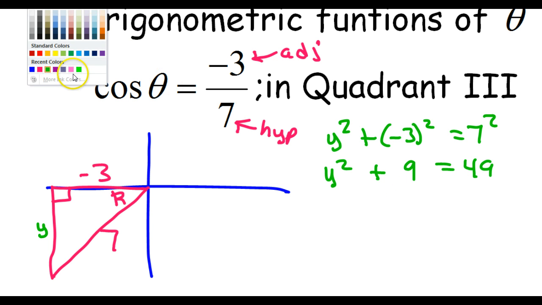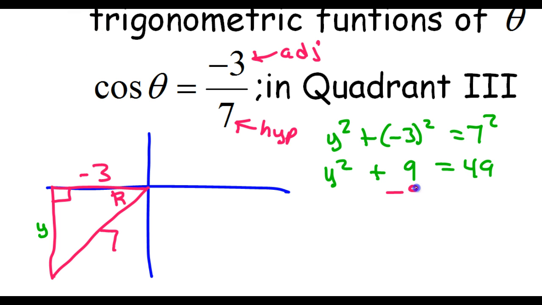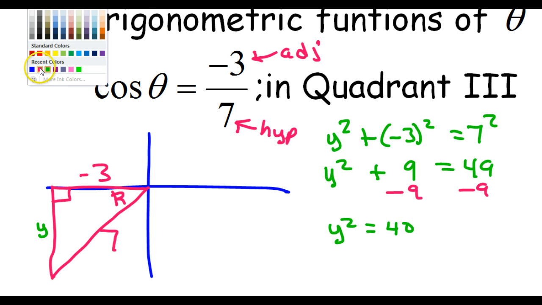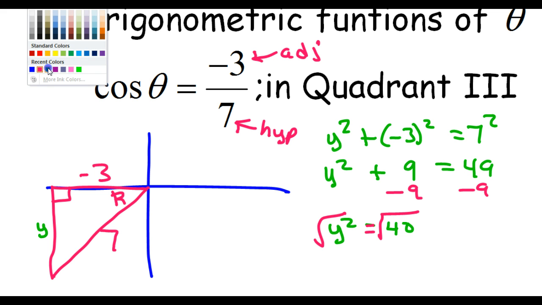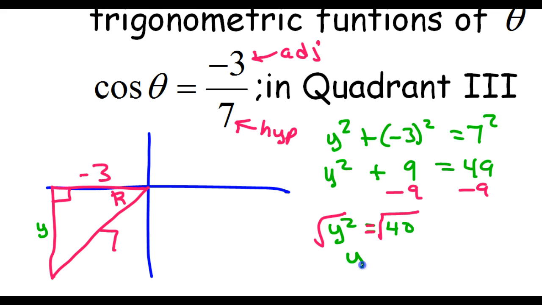Subtracting 9 from both sides, y squared is going to equal 40. Once you take the square root of both sides, the square root of 40, this is 4 times 10, so that's going to be 2 radical 10. So y is equal to 2 radical 10.